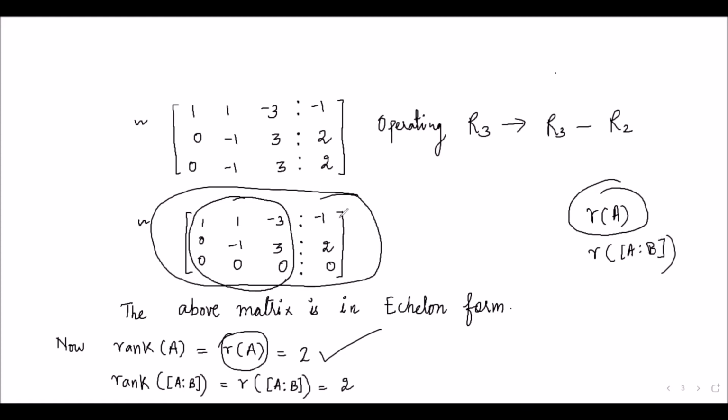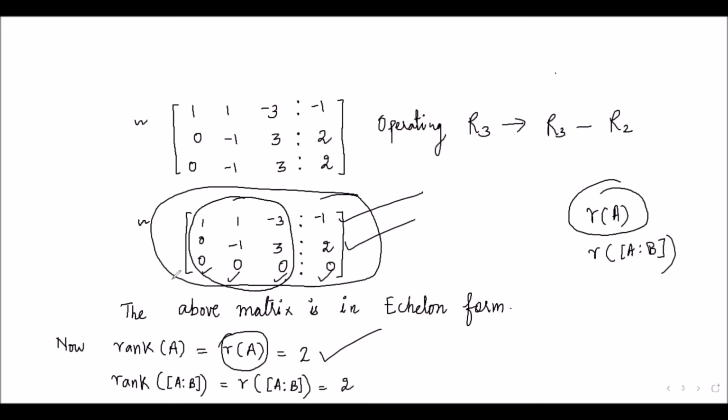Let us check. The first is a non-zero row. It is very clear. Since in A also it is a non-zero row, it is obvious that it will be non-zero in the echelon form of the augmented matrix also. Let us see the second row. It is again a non-zero row. And let us see this third row. This is 0, this is 0, this is 0, this is 0.